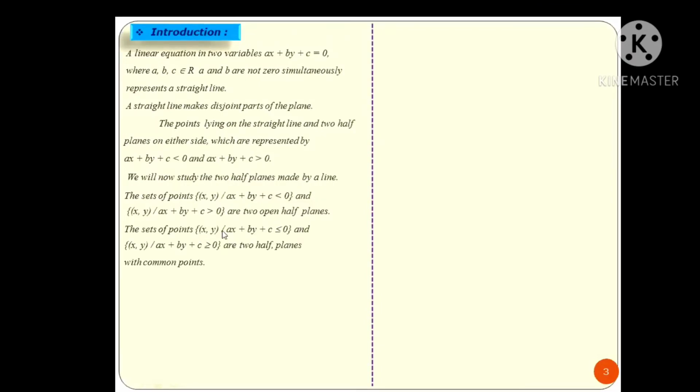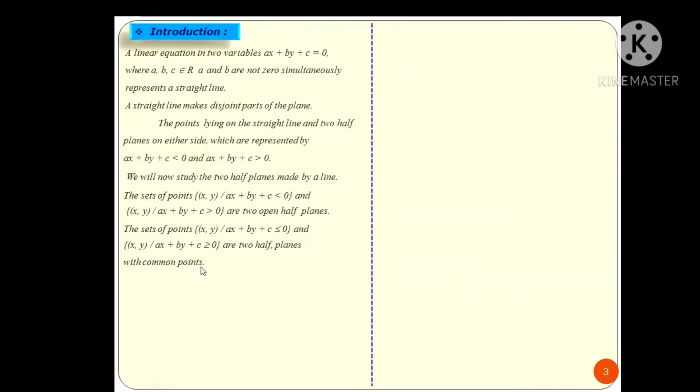Another way of expressing them is ax plus by plus c less than or equal to 0, and ax plus by plus c greater than or equal to 0, which are two half planes with common points. Here you can observe the signs greater than or equal to and less than or equal to. It means the points on that line are included in both the parts, that is, common points.